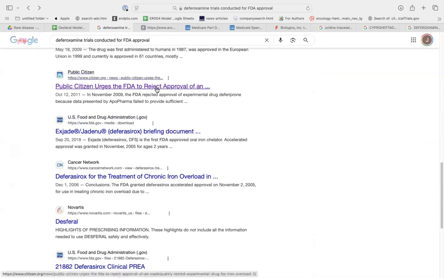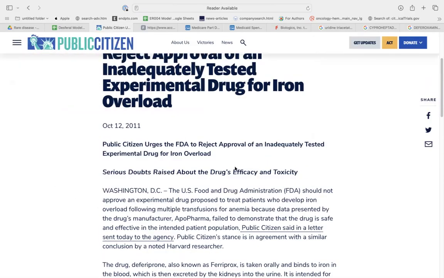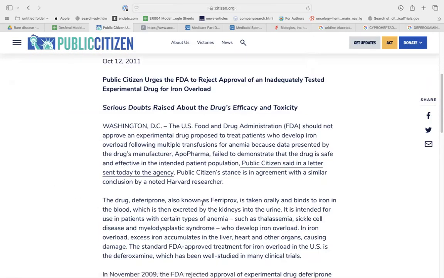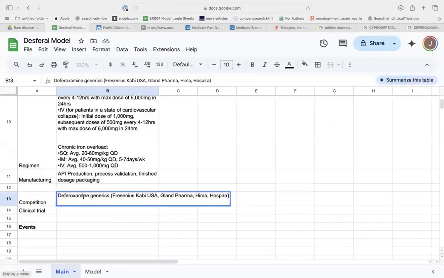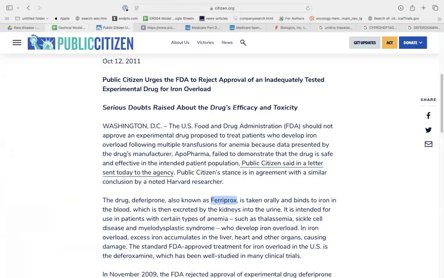Oh, but you know what? I was so caught up in this trial. This is actually another competitor. So Ferriprox might be a competitor that we should look at.